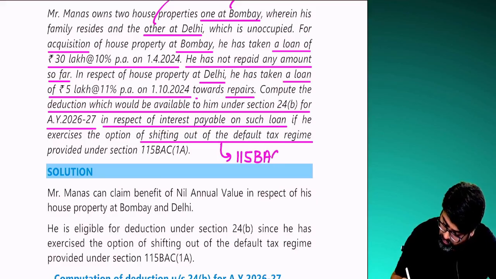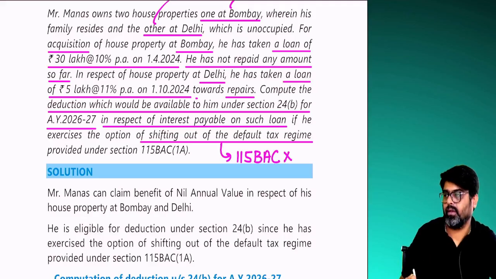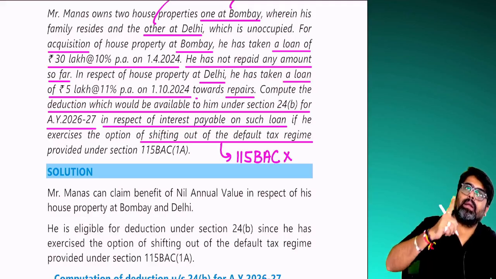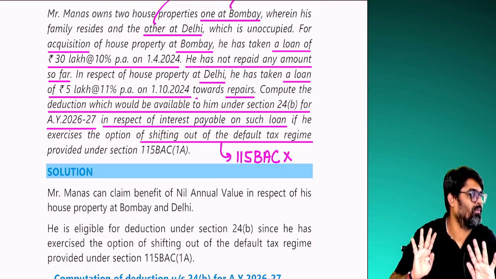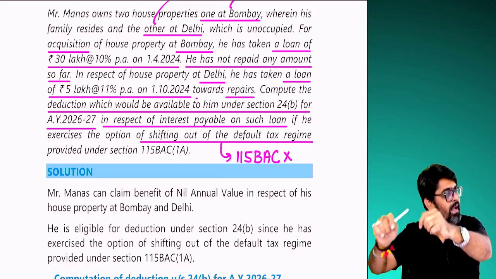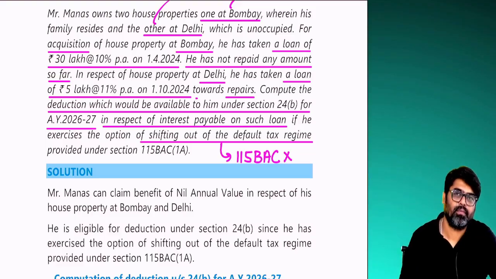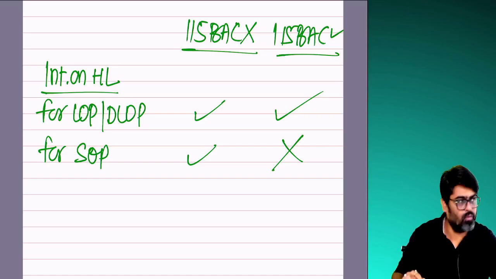If you don't follow 115BAC, will you be able to claim interest deduction for your SOP? Yes. Assuming that, calculate the interest. Hello? Very difficult question. Seriously, I am telling you, very difficult.